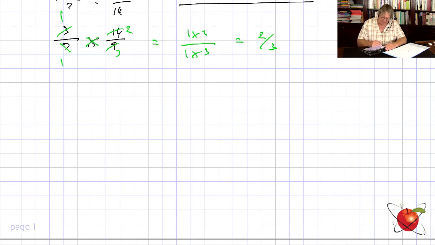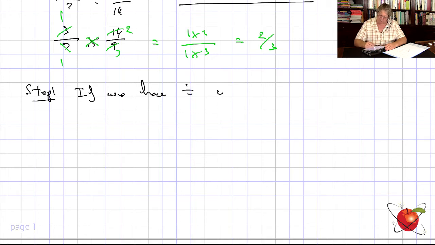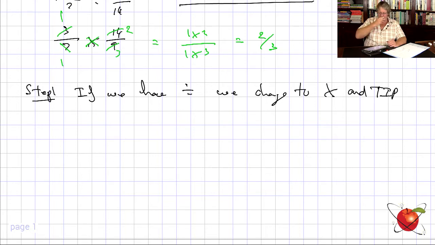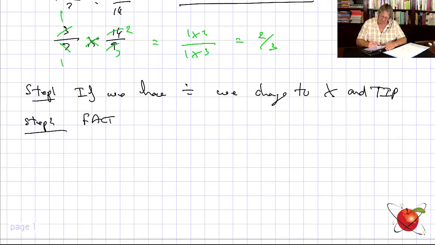If we have A divided by, we change to a times and tip the second one. Then step 2 is factorize.